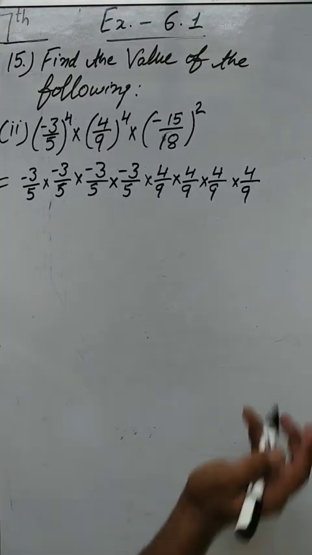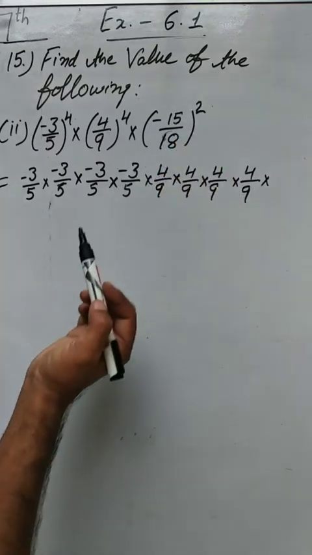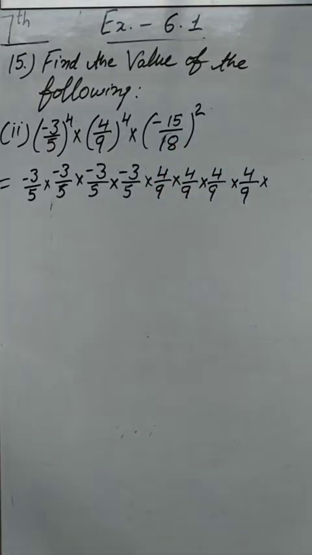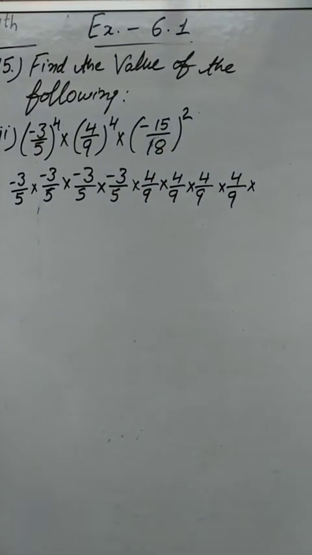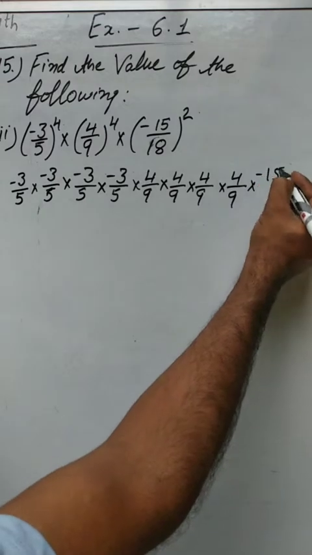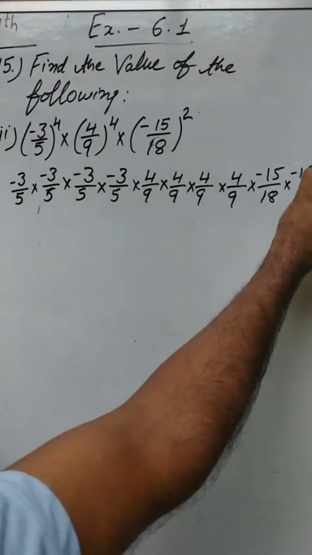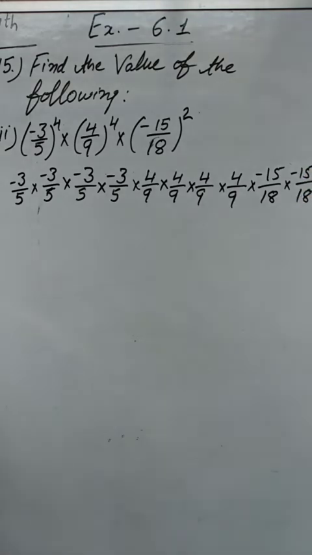Understood? And next, beta, minus 15 upon 18 multiplied how many times? 2 times we will multiply it. Okay, meaning it becomes minus 15 upon 18 multiply minus 15 upon 18.